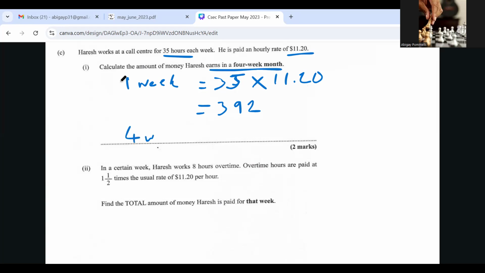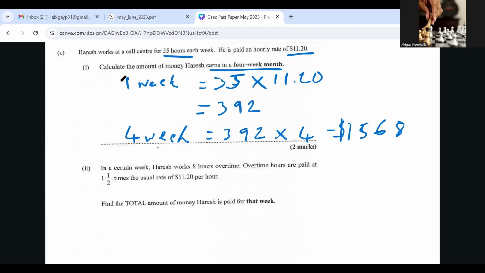So 4 weeks will be 392 times 4. And that would be $1,568. And that is for 4 weeks.